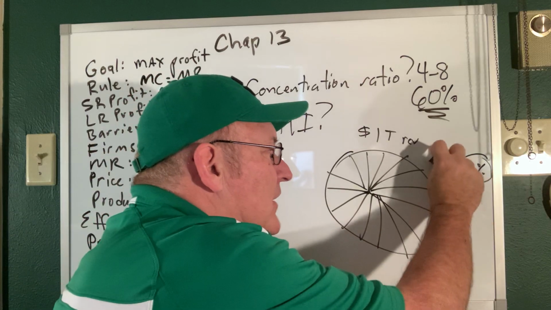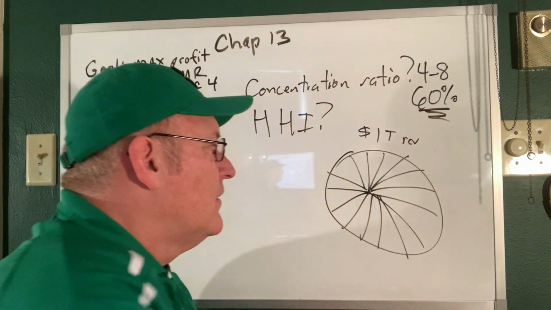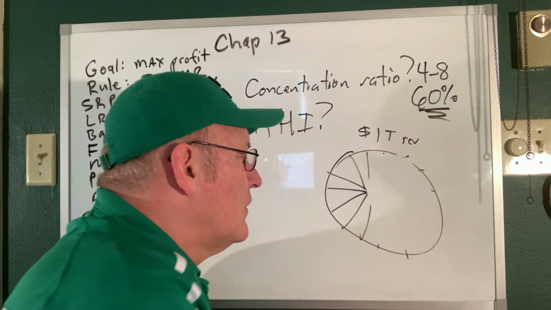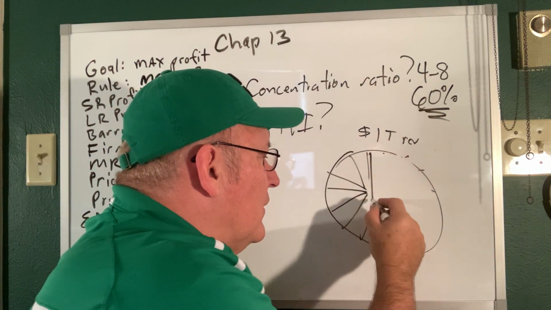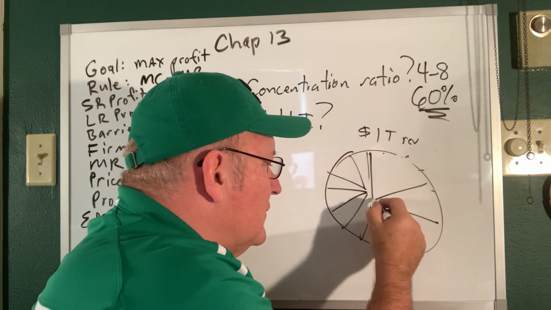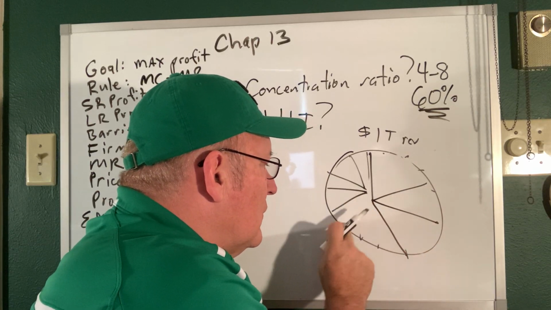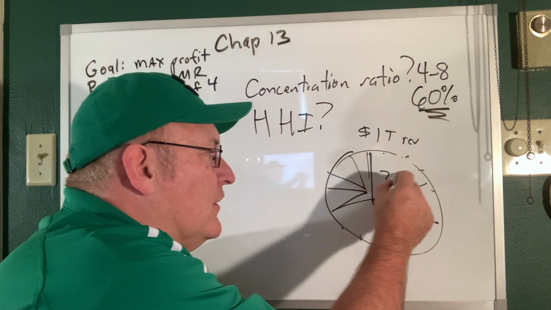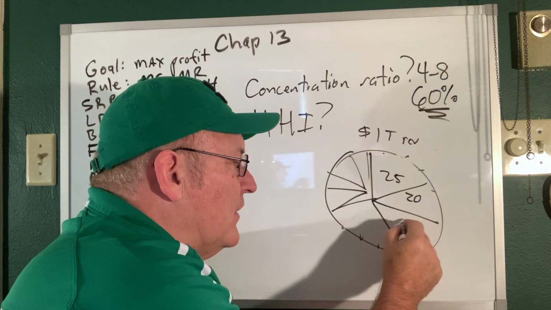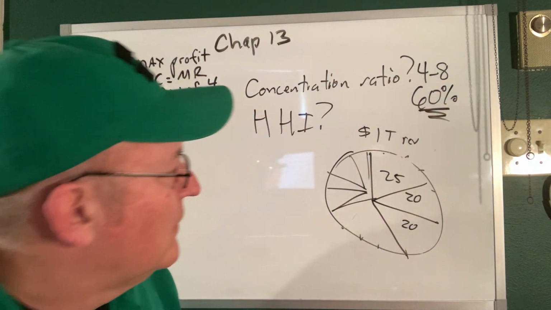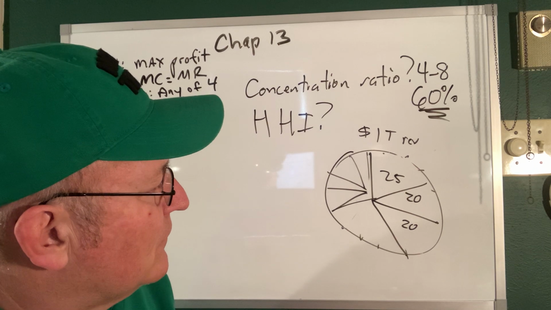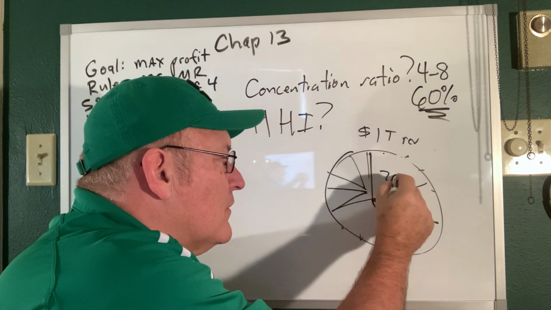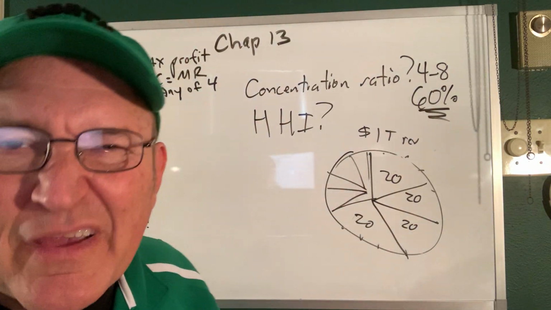Okay, but let's say the top 4 firms controlled 20, 20, we'll just make it easy.